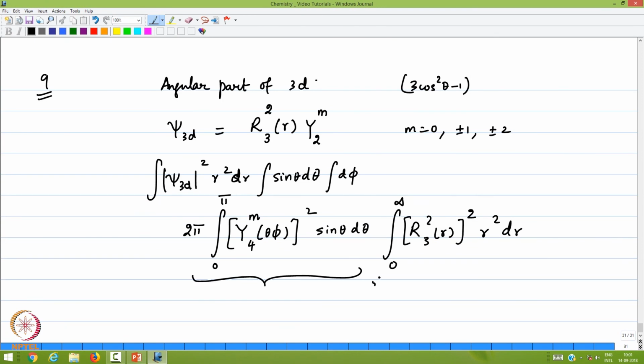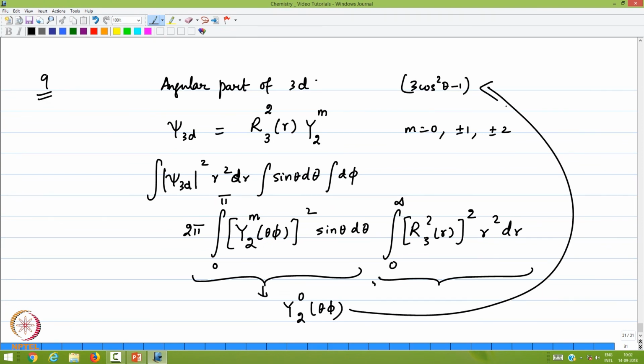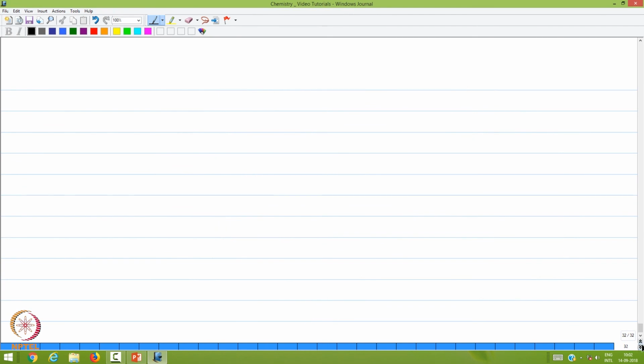This can be separately normalized as a radial function, and we will just concentrate on one of this corresponding to y 2, sorry, this is not 4, this is 2, y 2 0 theta phi, which is 3 cos square theta minus 1. Okay.